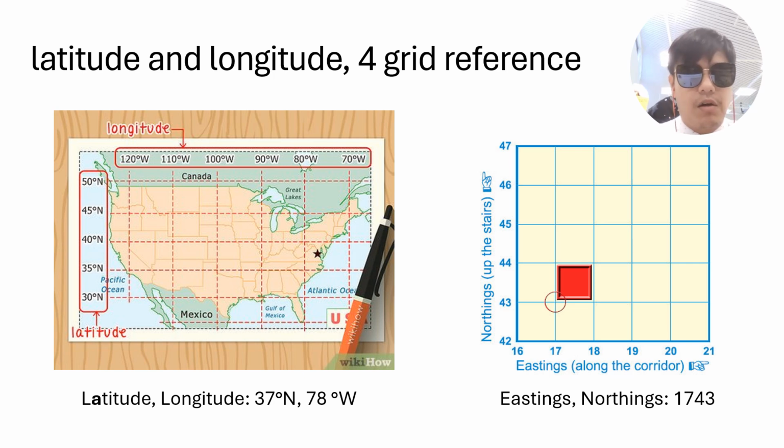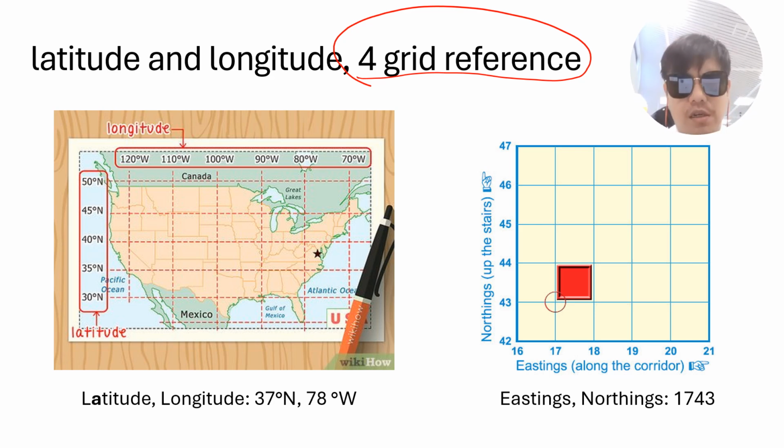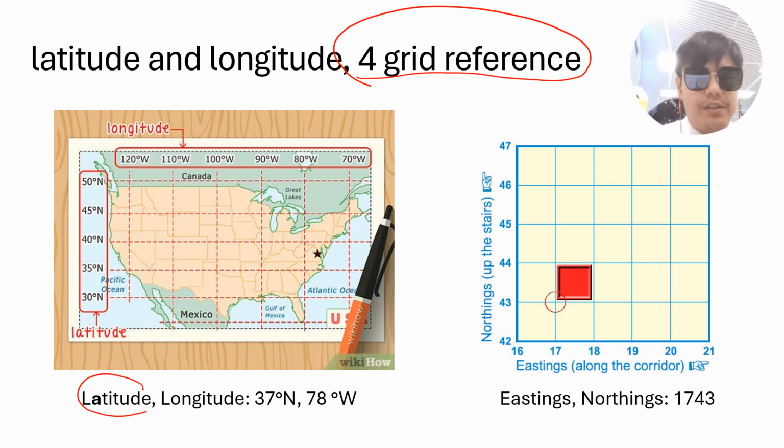Okay, the next will be longitude and latitude and four-grid reference. I know this is not indicated in the syllabus, but I'd just like to go through very quickly, just in case you never know how the paper would be. First of all, you need to know latitude and longitude. How do you read them?